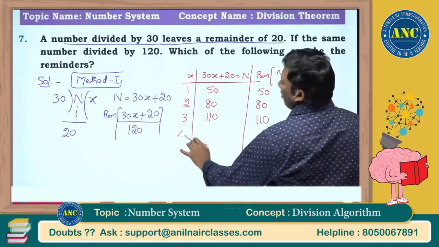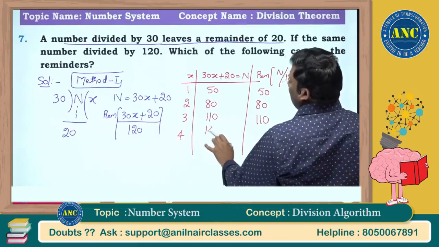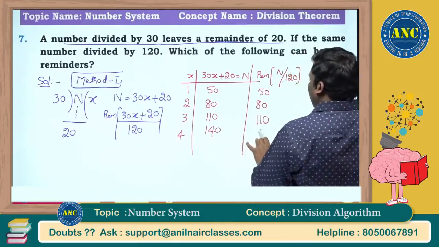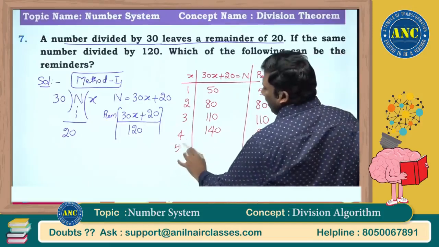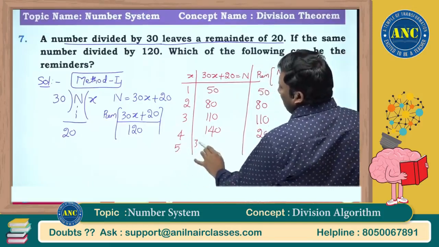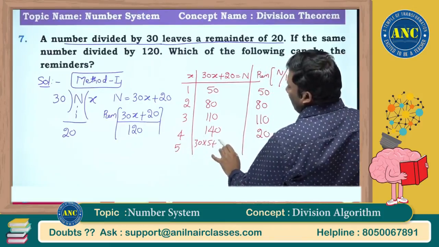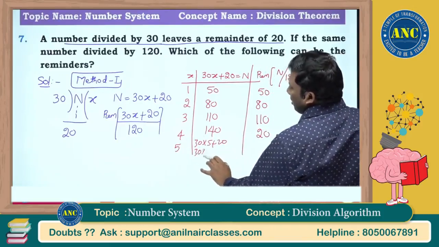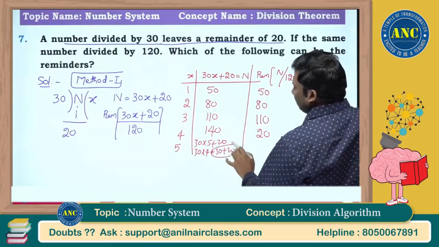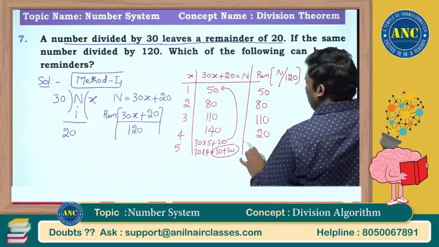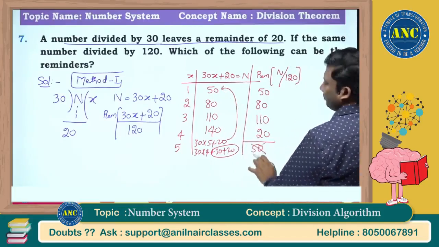X value 4, 120 plus 20, 140. 140 divided by 120, 20. X value 5, now here onwards, 30 into 5 plus 20 can be written as 30 into 4 plus 30 plus 20. It is going back to the value 50.